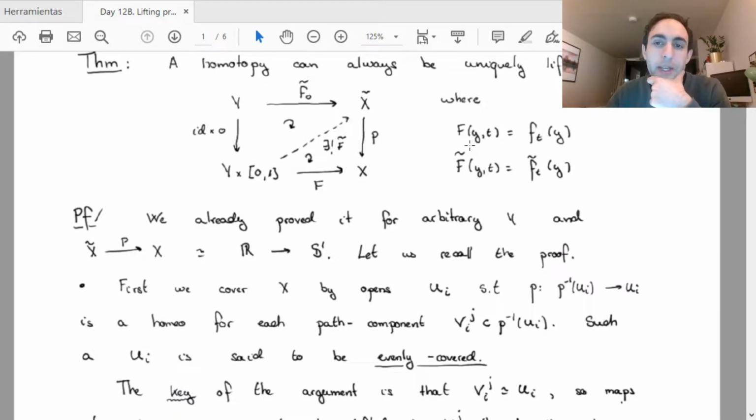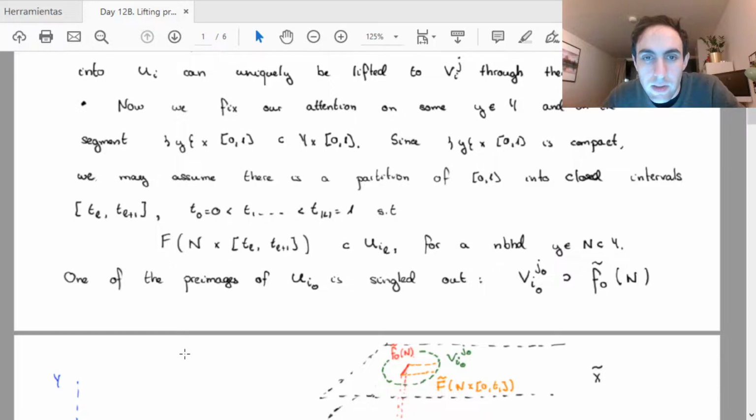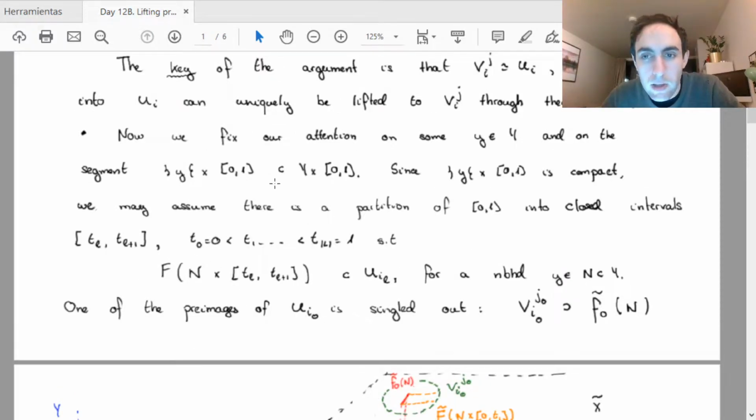I freeze y and I let t move, and these are then paths. So all I have to learn is how to lift paths, and then how to do it continuously with respect to y.